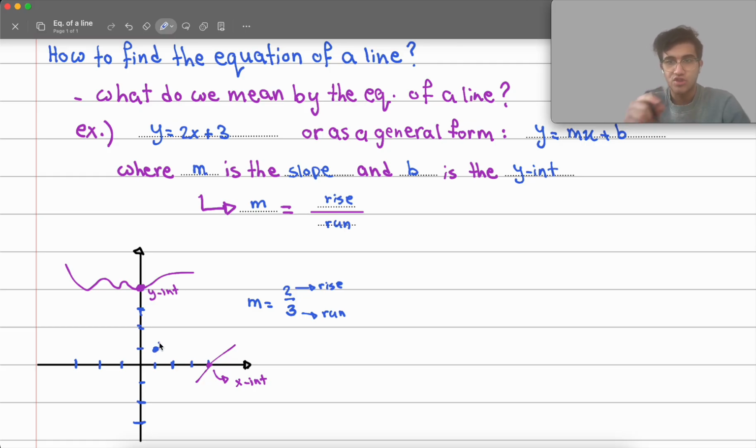It says the next point on that line is going to be 2 units higher than this point and 3 units to the right of this point. So it's going to be 1, 2, 3, right here. And now I can graph my line, and this line is going to have a slope of 2 over 3.